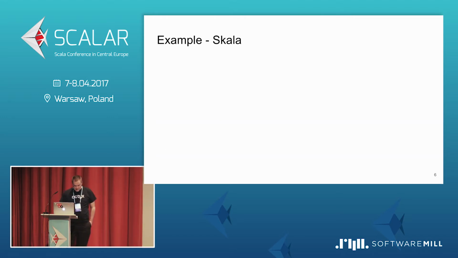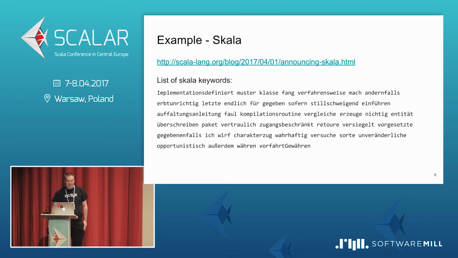I'm not sure if you heard about this great new development in the Scala world. Scala is going to move to all German identifiers. And since German words are especially well suited for showing the benefits of a radix tree, I'm going to use these identifiers as an example.